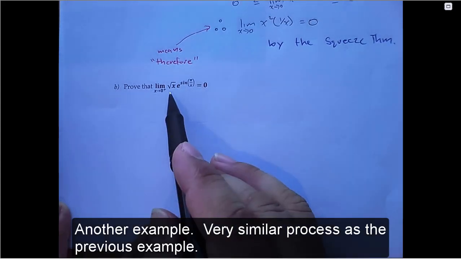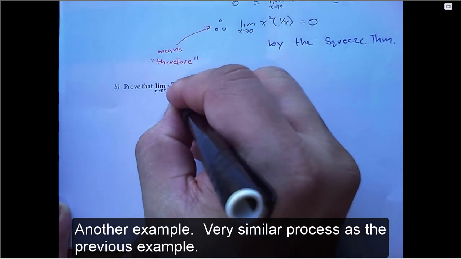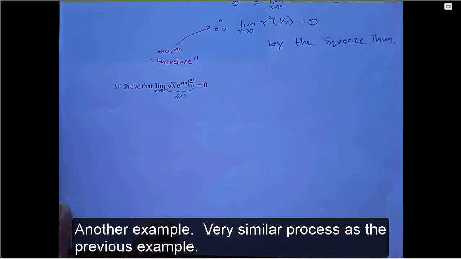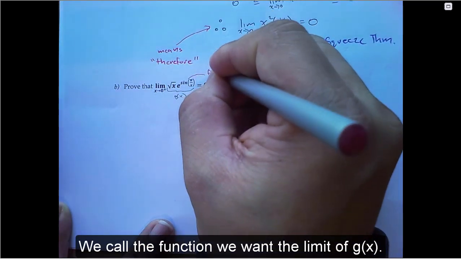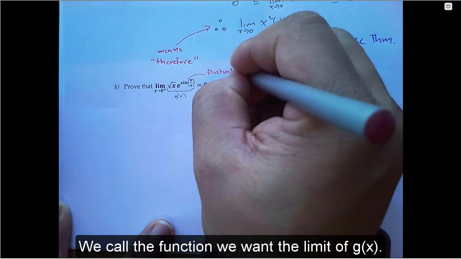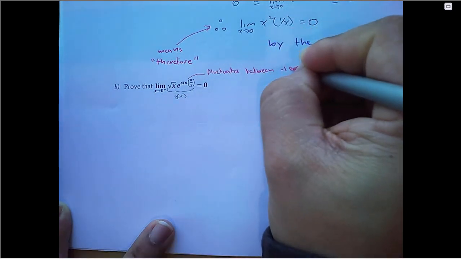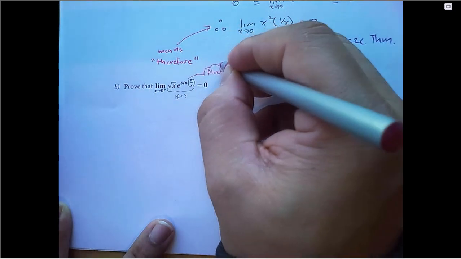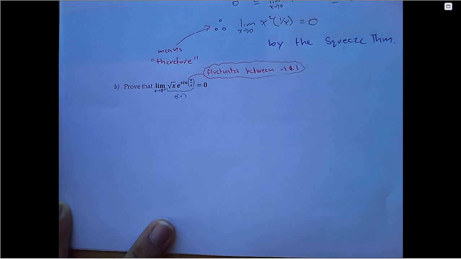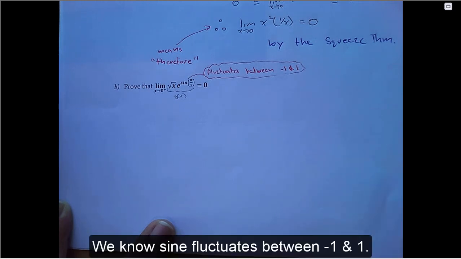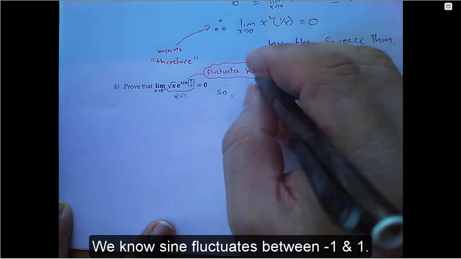Another example, very similar process as the previous example. We call the function we want the limit of g of x. We know sine fluctuates between -1 and 1.